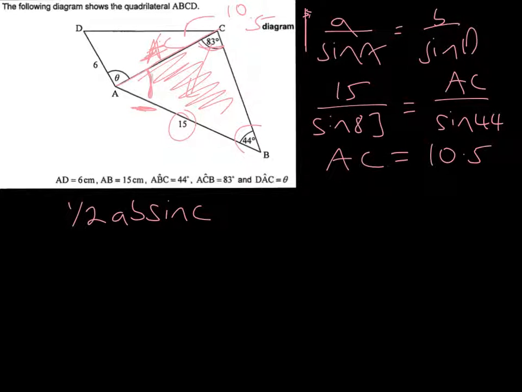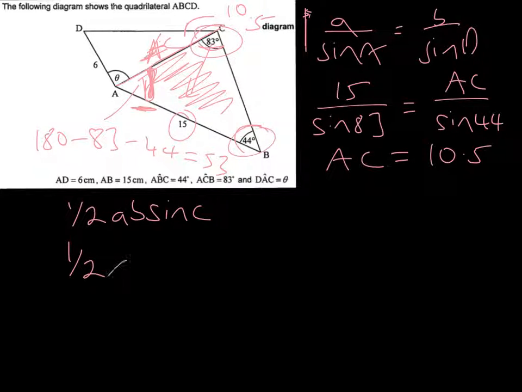At the moment, we don't have the included angle. So to find that, we're just going to do 180 minus this angle here, 83, minus this angle here, 44, and that is going to give us an angle of 53 degrees. So we do now have two sides and the included angle.